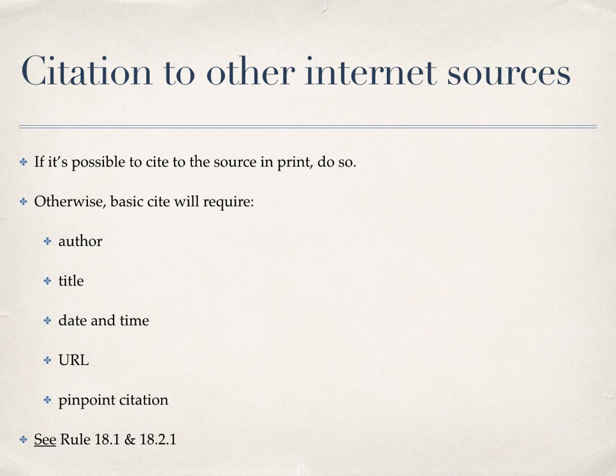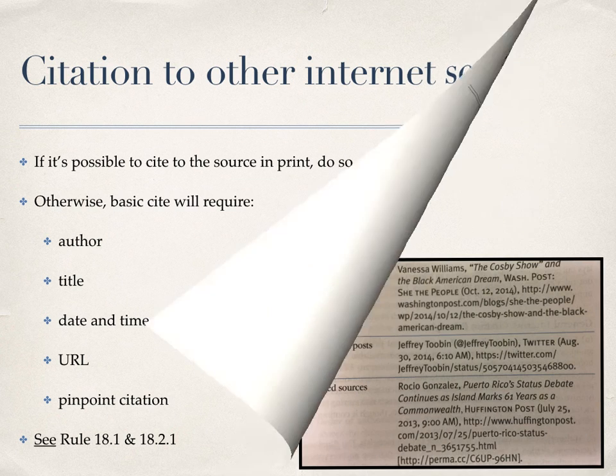So once you know what kind of internet source you want to cite, be it a Facebook post, a Twitter post, a blog, or a prospectus, you're going to want to go into 18.2.1 to craft it.